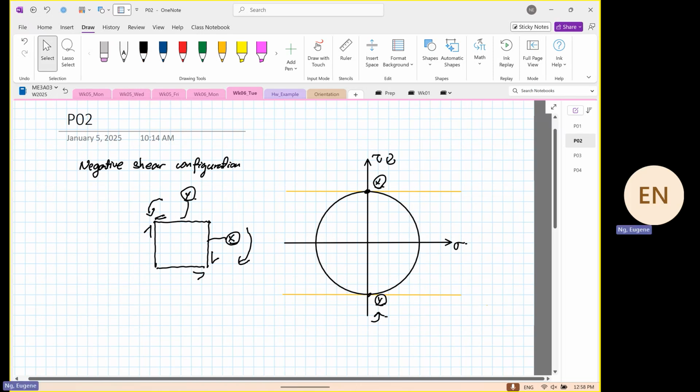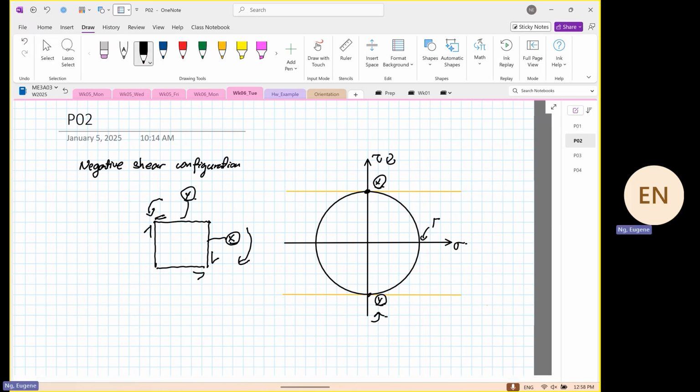And here is again our fracture surface orientation. So now from point X, I want you to draw your surface X down here, and I want you to draw your surface Y down here.